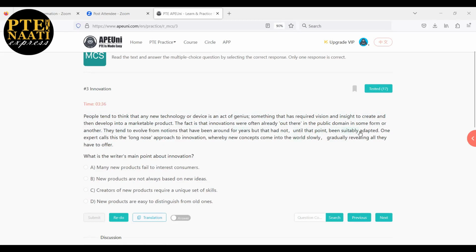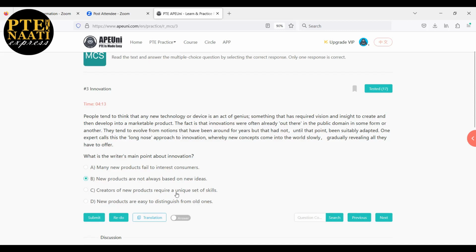One expert calls this the long nose approach to innovation. Products are not always based on new ideas, not a new idea. Actually, often already out there.